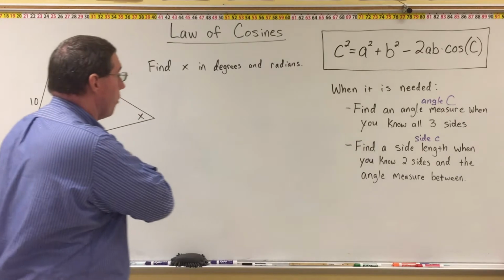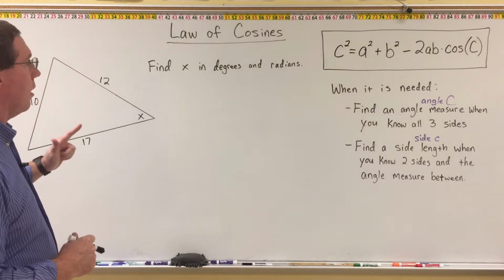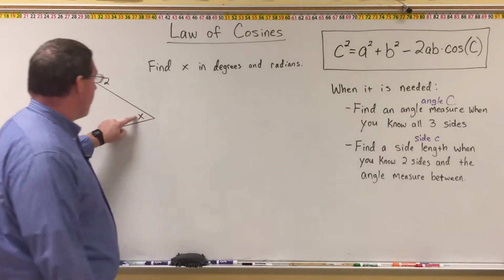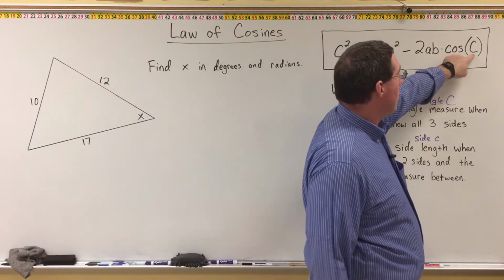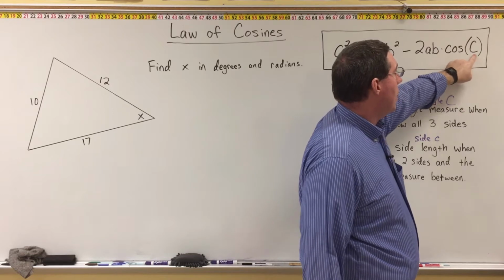So we're going to take this formula here, and we have to pick. This is very important, you have to understand. Because we're solving for x here, and that represents angle C. This always represents the angle. Whatever is inside the cosine is your angle.